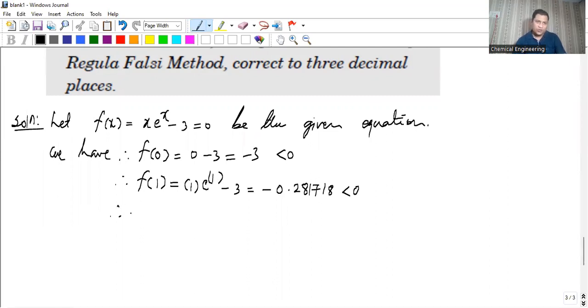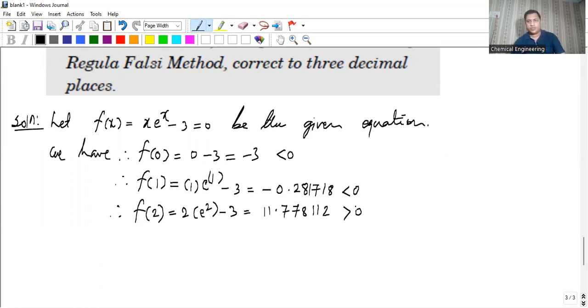Correct. So we have to think of the next one. f of 2. What will be f of 2? It is 2 into e square minus 3, and that is going to be 11.778112.